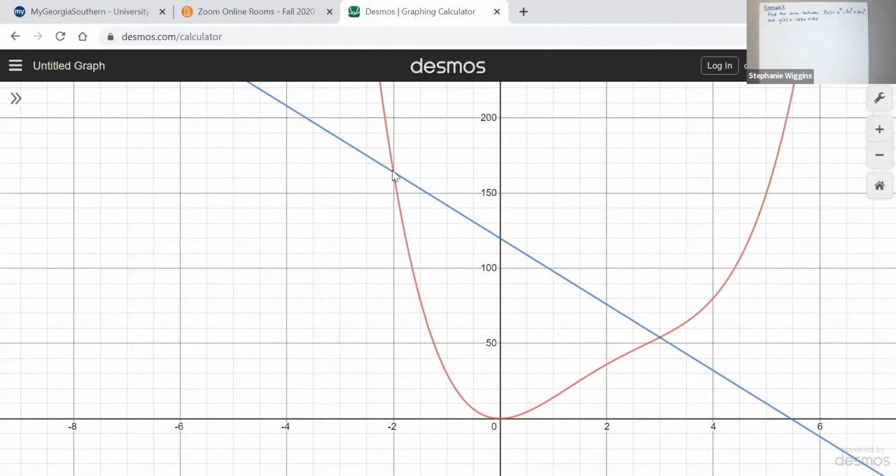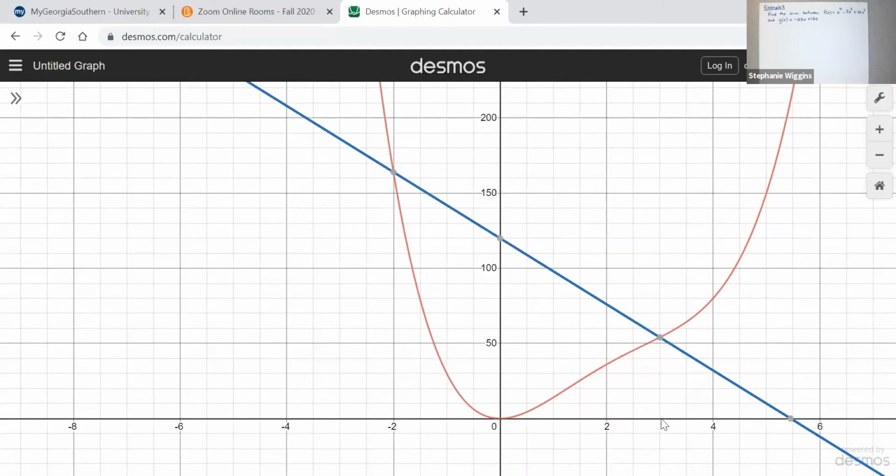And if you look at this point right here, this is negative 2, 164, and focus on the x value. So it's negative 2, and then over here, this point is 3 for x. And so your integral is going to run from this point where x is negative 2 over to 3.